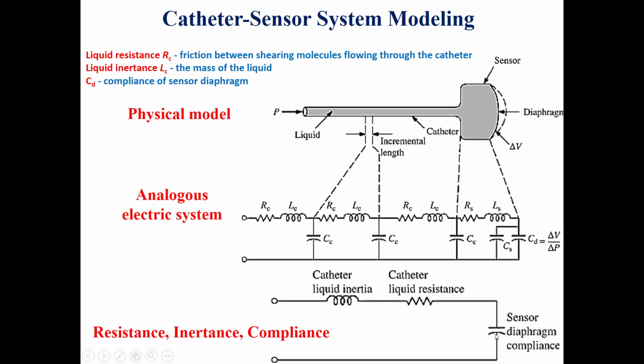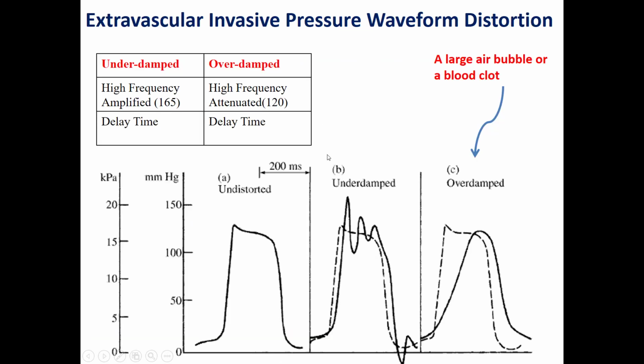And here is the recording of this. As a second order differential equation, we know that we can have different situations. We can have the signal either undistorted, underdamped, or overdamped.